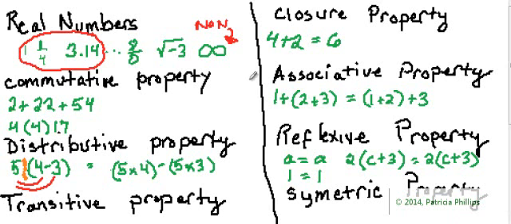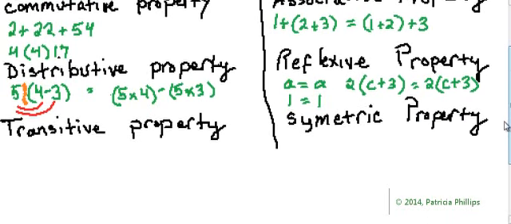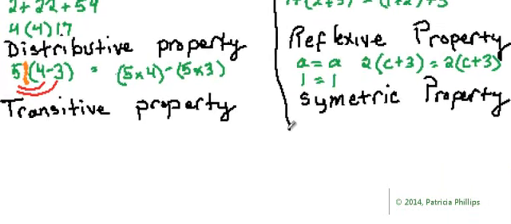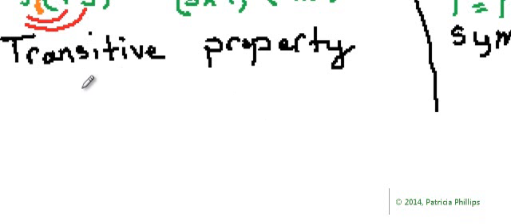Okay, so let's go on to the last two that we're going to do today, and that will be transitive and symmetric. We're going to stick with green. The transitive property, the best way to describe it is like this.